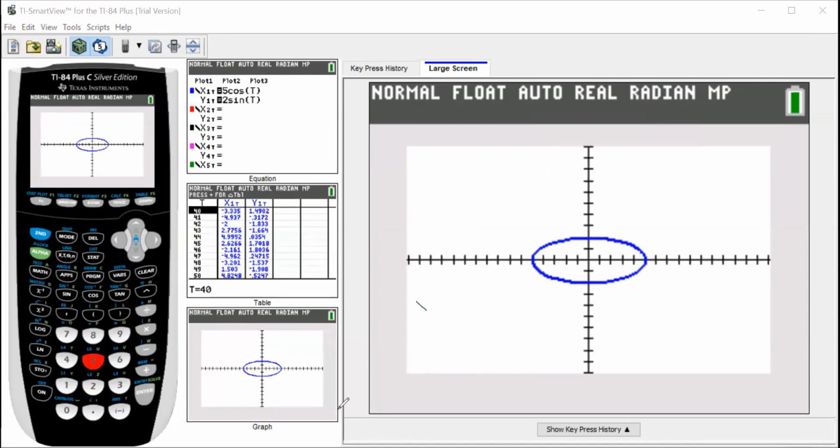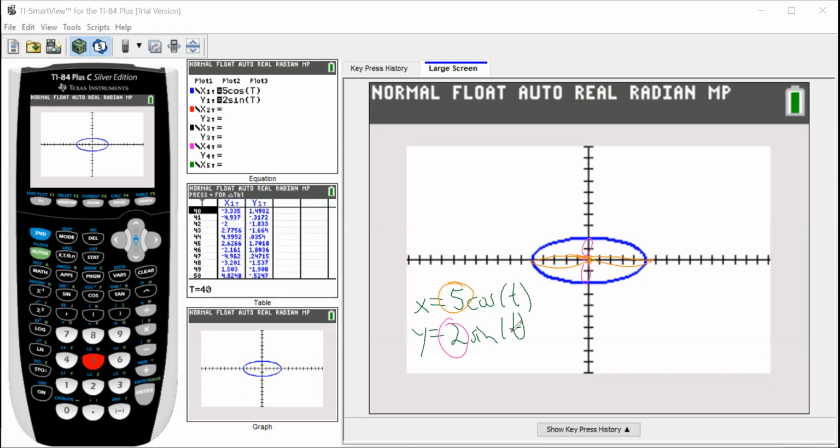Again, if we look at our equations, we had x equals 5 times cosine of t, y equals 2 times sine of t. Comparing these numbers to what we see in the picture, for the 5, notice on the horizontal axis we go 5 units in each direction. And for the 2 on the vertical axis, we go 2 units in each direction from the center.